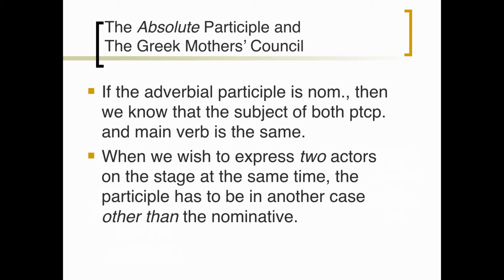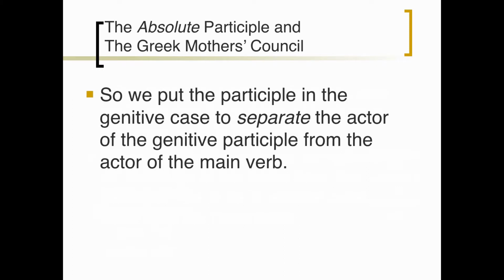But when we want to express 2 actors on the stage at the same time, the participle has to be in a case other than the nominative. If we want to introduce another actor and another action, we have to change the case.